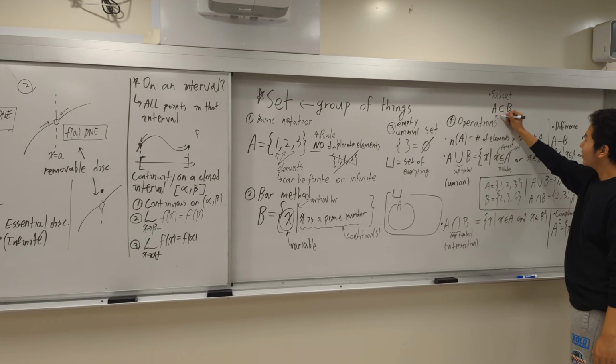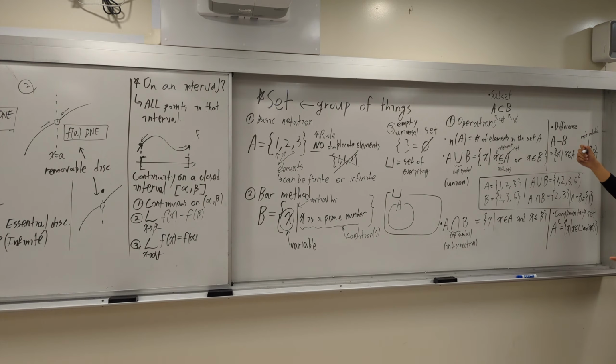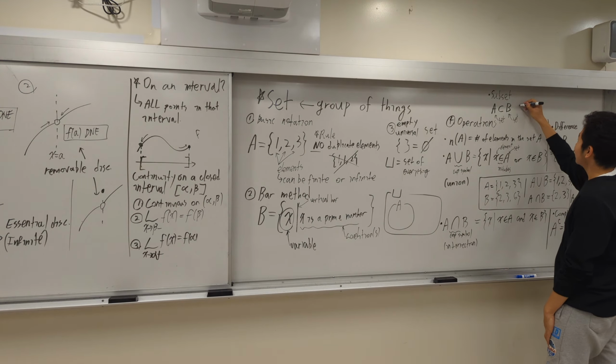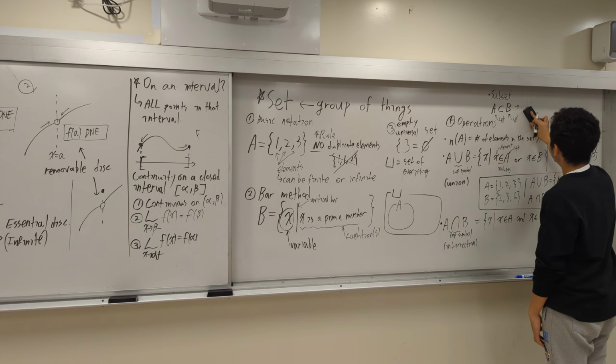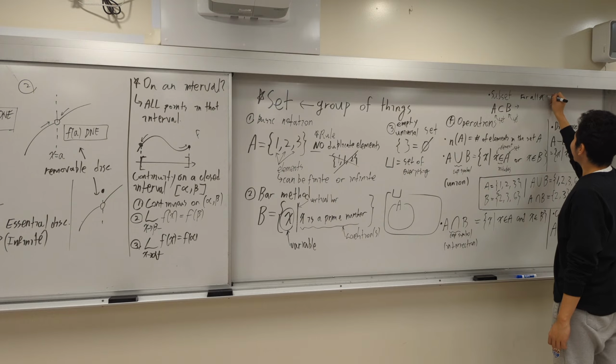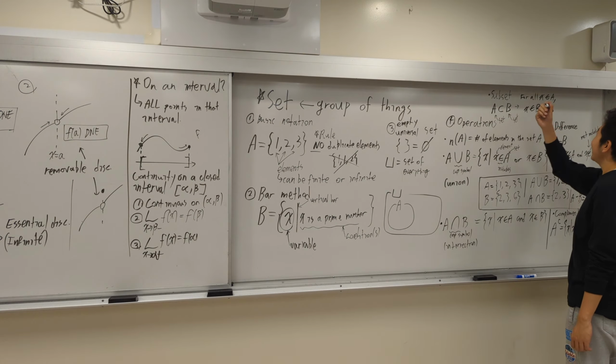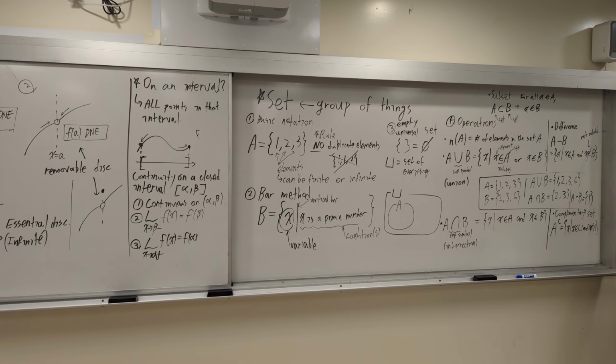This is when you're comparing a set to another set. So what does A included in B mean? It means that for all elements that are included in A, that element is included in B.